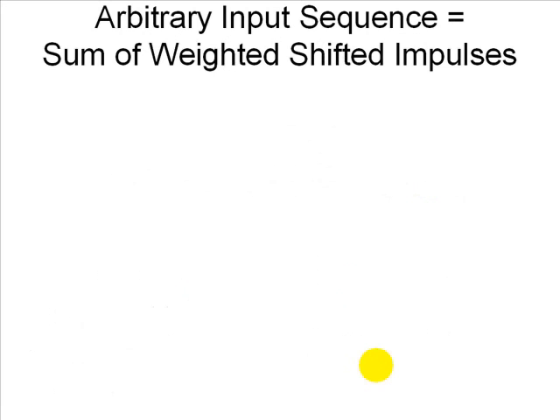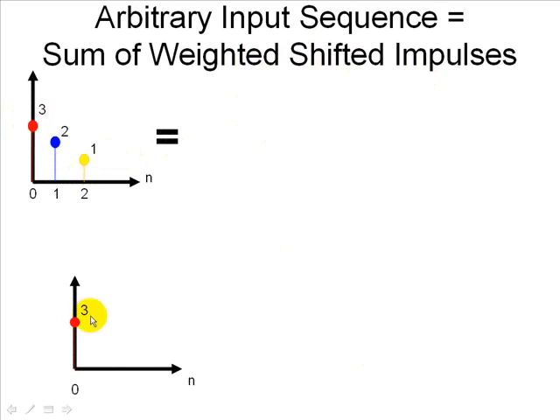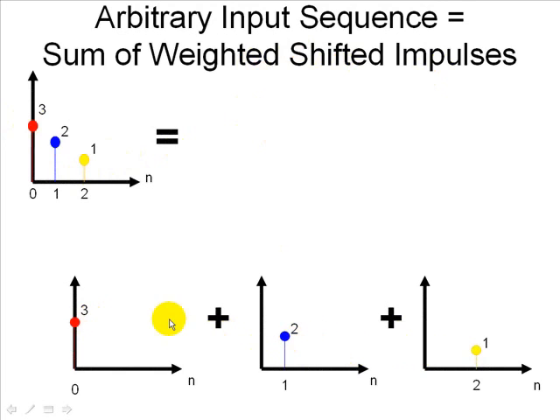So we'll see what we mean by an arbitrary input sequence as equivalent to a sum of weighted shifted impulses, and that can be easily shown with this example, where we have a sequence of 3 numbers, which is equivalent to these sequences consisting of a single impulse, shown here, here, and here. Mathematically, x of n is decomposed into a sum of weighted shifted impulses.